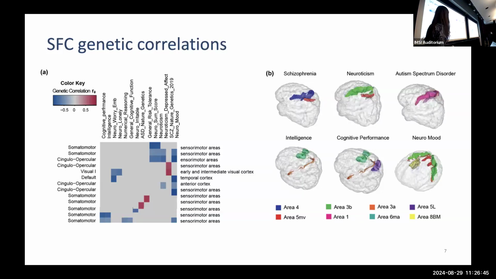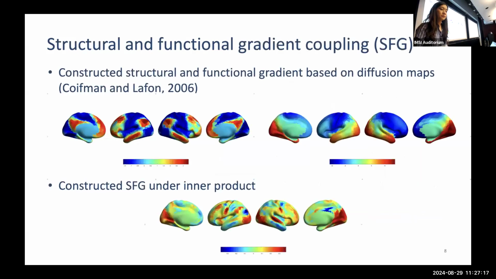To explain what this means, for instance, we detect some positive correlations and negative correlations. A negative correlation means that when the genetic variant increases this coupling trait value at this brain region, it will induce a decrease of the mode scores for that part. And those p-values are significant ones after p-value adjustment.